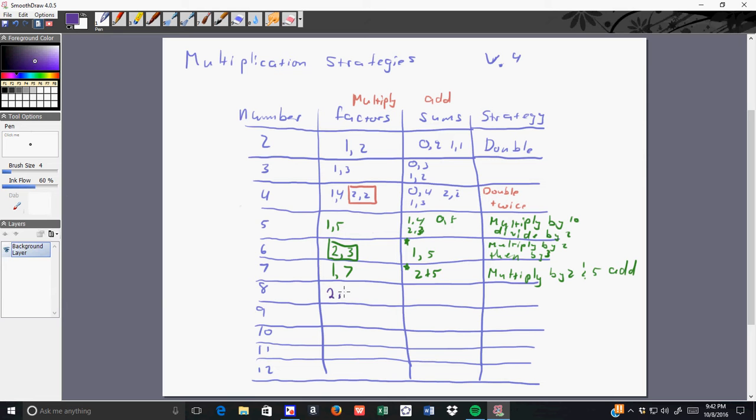8 is 2 times 2 times 2. And for here, you might want to say, well, it's also 3 plus 5, so you could use that strategy again. Or you could just double 3 times. So like the same strategy for 2 and 4, you get 8.